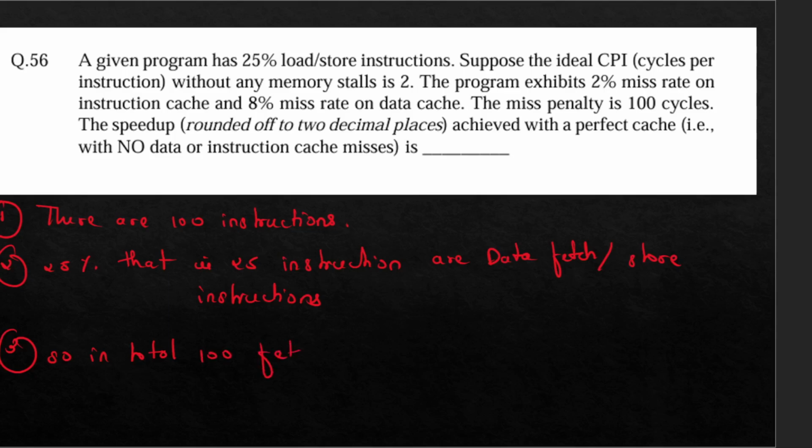So in total, for 100 fetches, we will have 2% misses, that is 2 misses, of 100 cycles penalty each, as given in the question, so 200 cycles. From the data stream, 8% of 25, that is 2 misses, will be 200 cycles penalty.